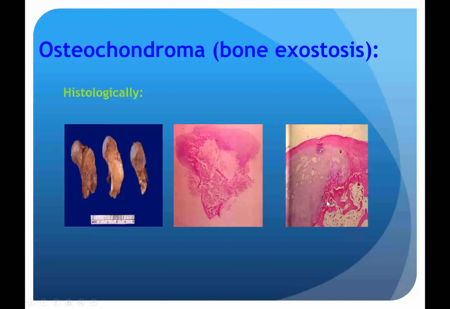This is the new bone formation on the inner surface of the head. So this is a cartilage cap with new bone formation behind, and there may even be marrow and bone marrow. It is a complete bone structure.